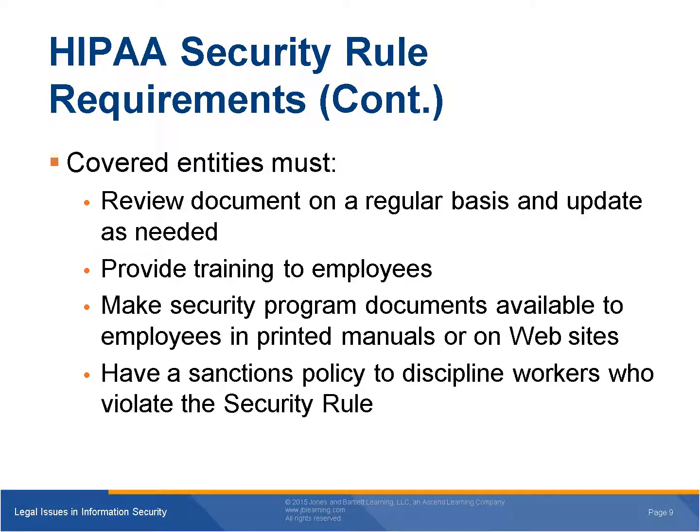If they can do that, then the breach notification requirements do not apply. To show that there is a low probability that protected health information has been compromised, a covered entity must engage in a risk assessment.